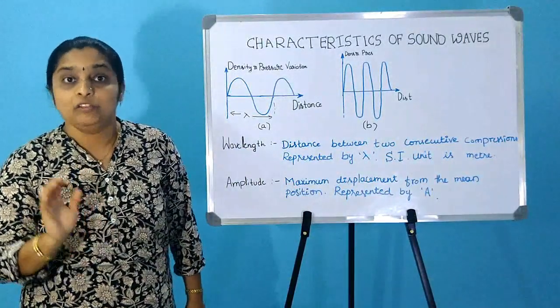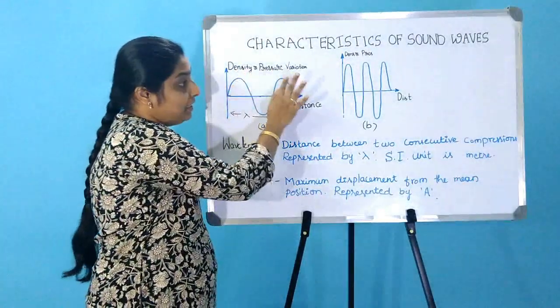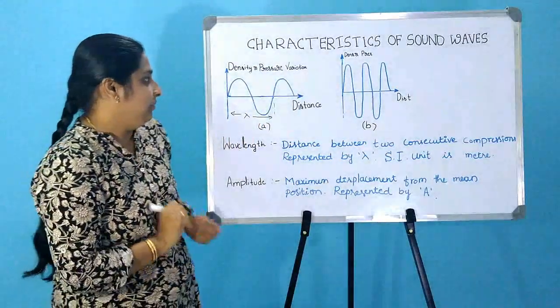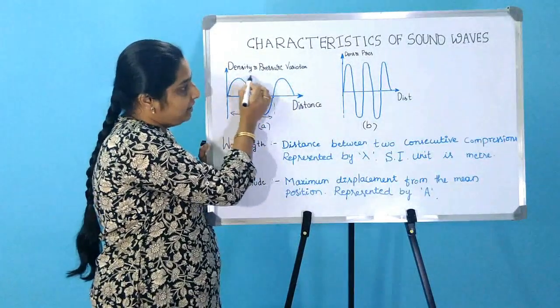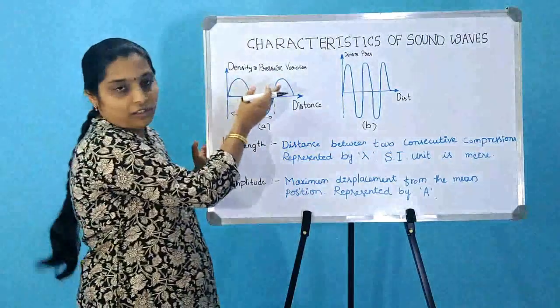One more common definition is that wavelength can also be told as the distance between two consecutive compressions. Now you can see here, these are the two consecutive compressions, and the distance between these two is also called wavelength.